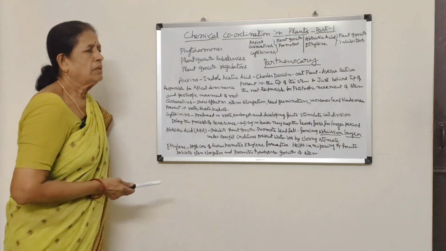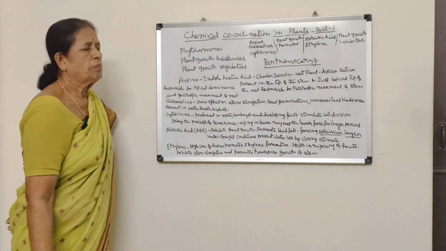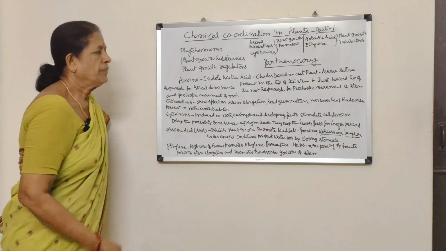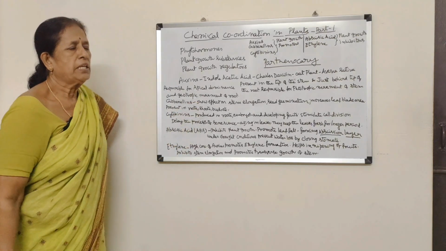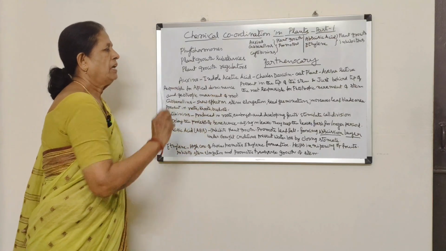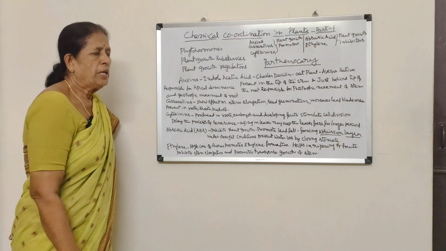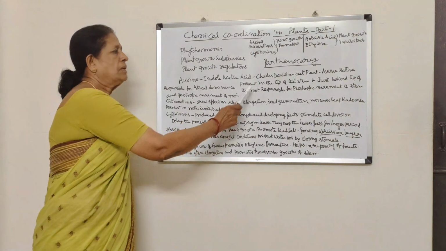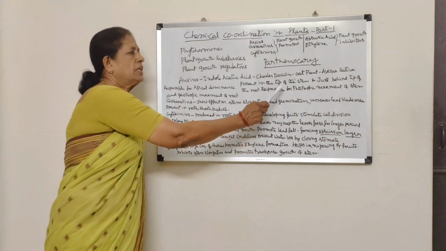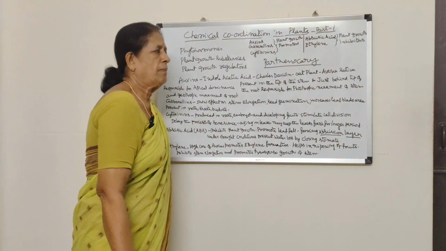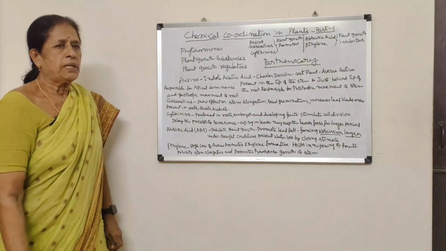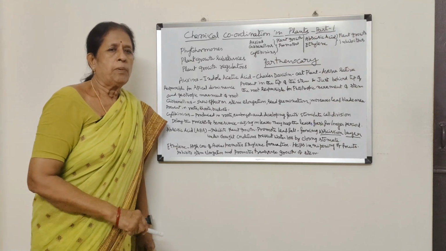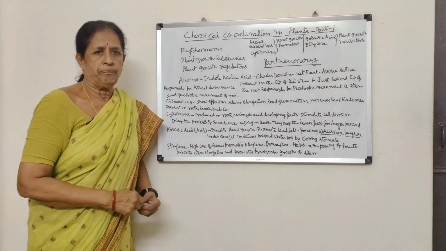Now let us see the effects of these plant growth promoters and inhibitors. First of all, let us see auxins. Chemically, auxin is indole acetic acid, IAA. The existence of auxins was first discovered by Charles Darwin when he was working with the oat plant, Avena sativa. He kept the plant in a dark room near a window where light comes in, and the plant bent towards the light.